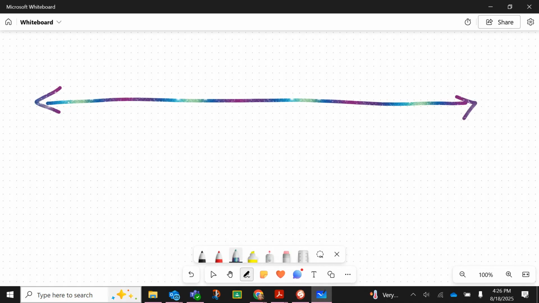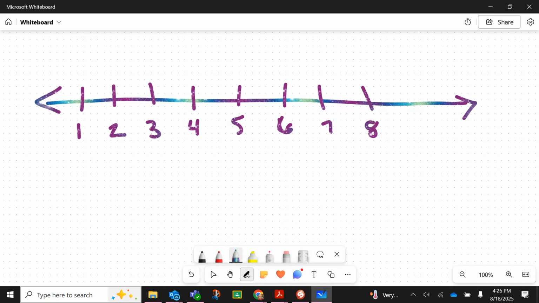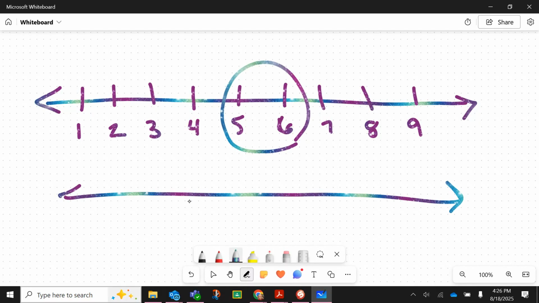So let's say that we have a number line, and we have numbers, let's say 1, 2, 3, 4, 5, 6, 7, 8, 9. So these are our whole numbers. In between those whole numbers, if we were to zoom in, so let's say we zoom in here. So I'm going to draw another number line, but I'm going to be zoomed in.